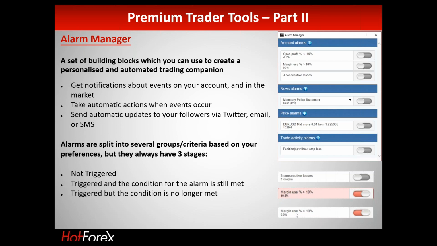The third stage is when it is triggered, but the condition is no longer met. Your margin used was more than 10%, so it was triggered. You can see it's on. However, right now, it went back below 10%, so the condition is no longer met.